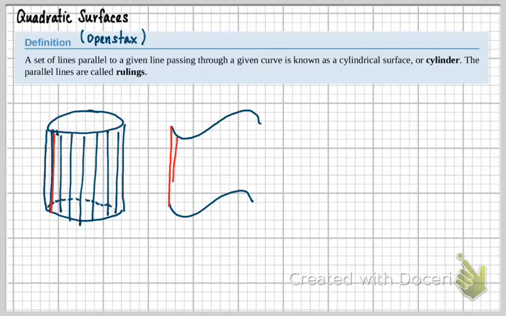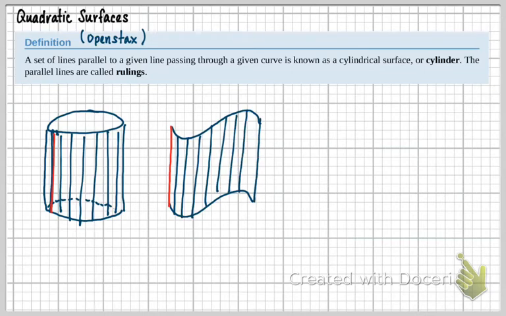And now I'm going to create a set of parallel lines from that one. And what we see here is that's also a cylinder. And that's something that's probably far from our minds as far as a cylinder is concerned.